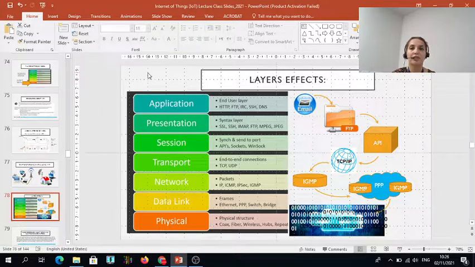Then we have something called the session layer. Then that package becomes something called an API, and that API is going to be managed by the session layer in a way that looks at things that are associated.